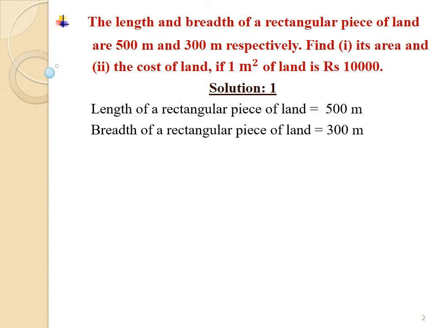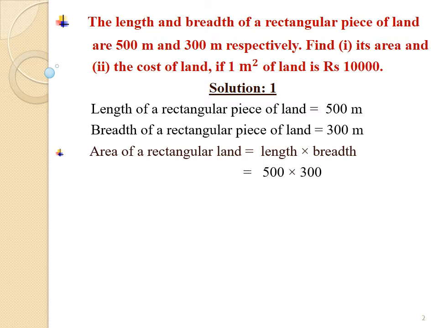Students, we know that area equals to L into B, where L is length and B is breadth. Thus, area of land equals to length into breadth, which is equals to 500 into 300.